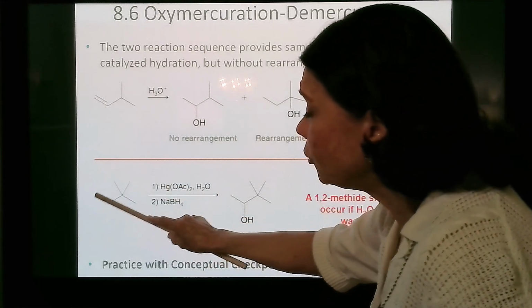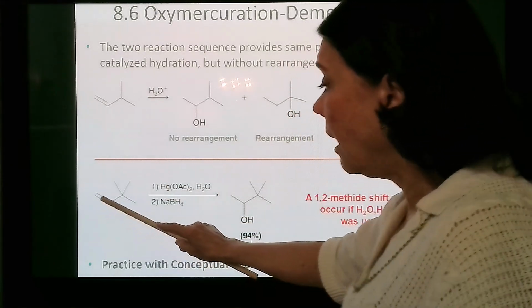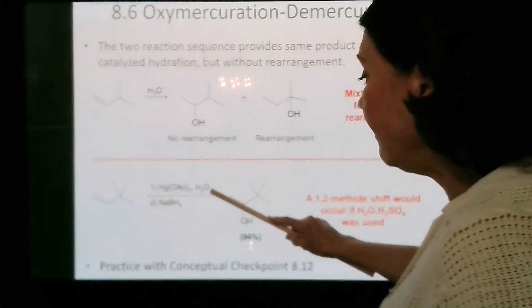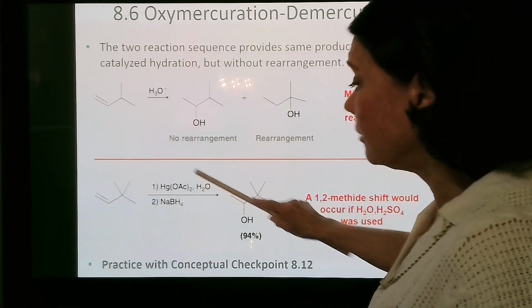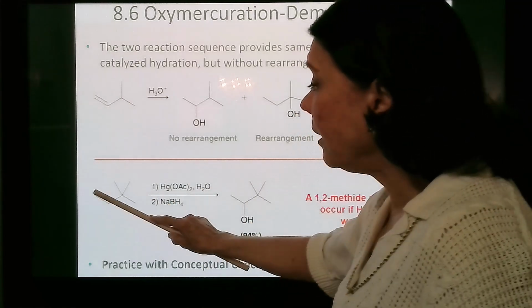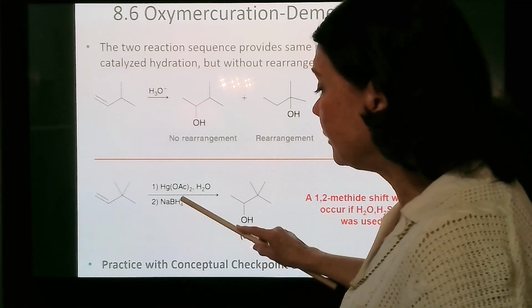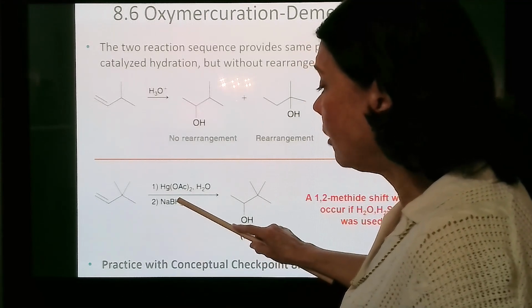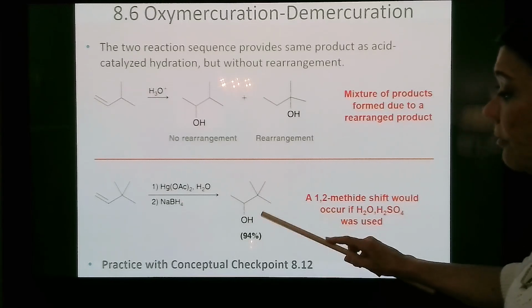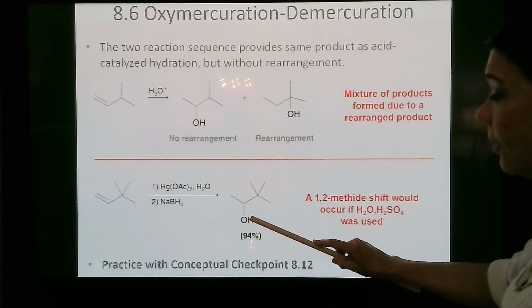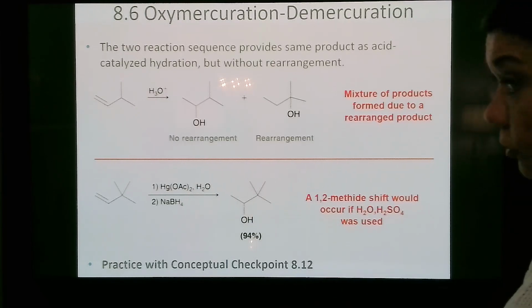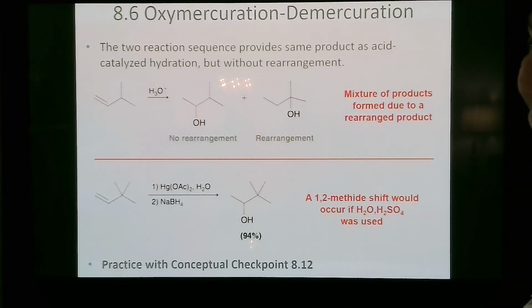It will become attached to the terminal carbon, and then the nucleophile oxygen comes in and attacks, and then the carbon-mercury bond is replaced by a carbon-hydrogen bond, and so now there is no rearrangement, and you get only the desired alcohol, and so this is the benefit of oxymercuration. You get no rearrangement.